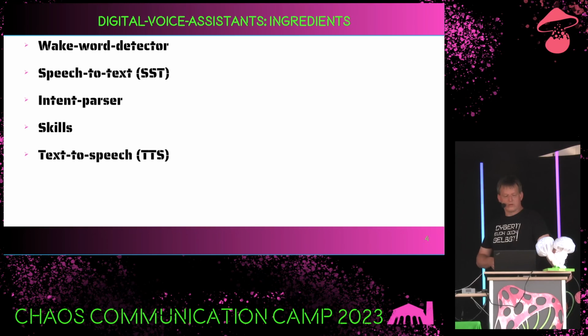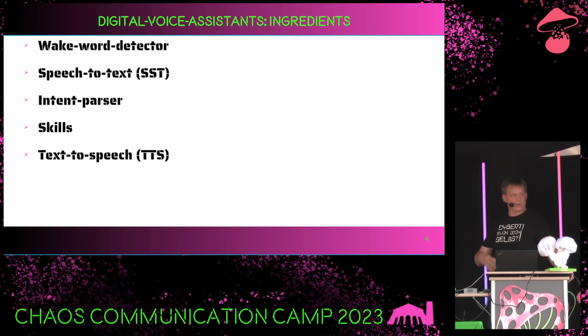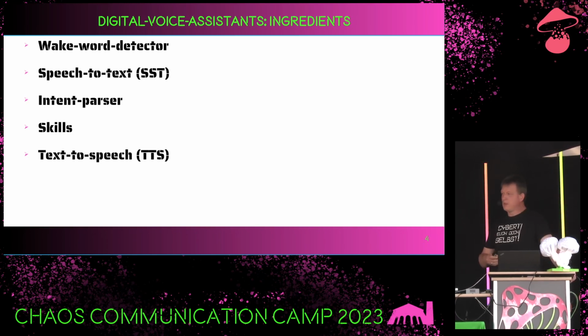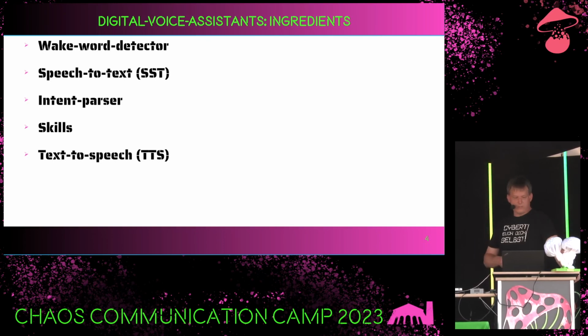Then there's speech to text, which records whatever someone has to say and translates that into text. The next part is the intent parser, trying to make sense of what's being said. Skills are the execution of whatever the person requested. And then text to speech for the feedback, so you know, that didn't work or whatever.